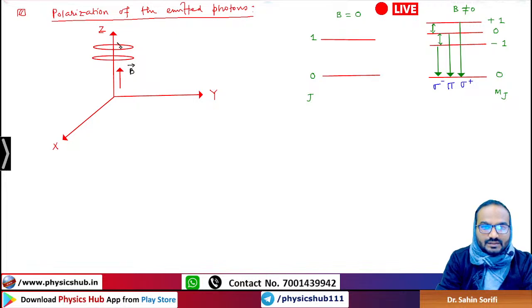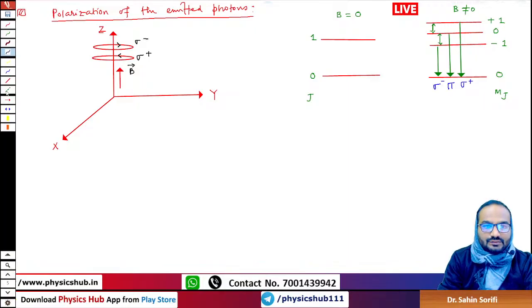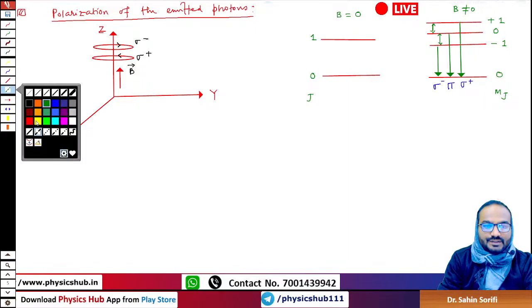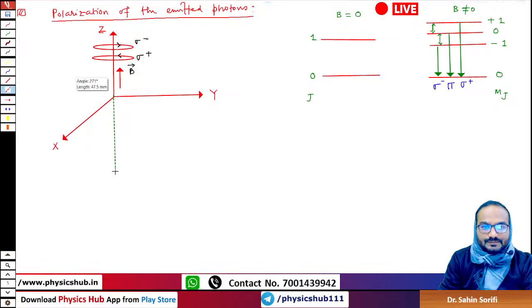When you give a direction in the anti-clockwise sense, and when you give the direction, sorry, this is clockwise, this is anti-clockwise. Anti-clockwise is sigma plus, clockwise is sigma minus. Okay, so we can also imagine it in the negative direction of z, along this direction.